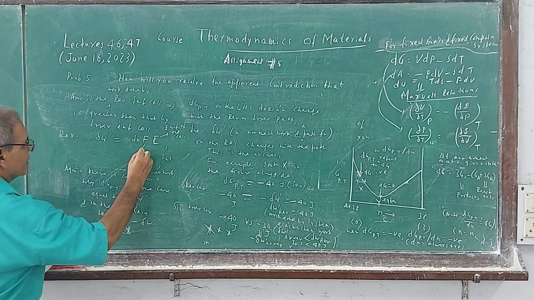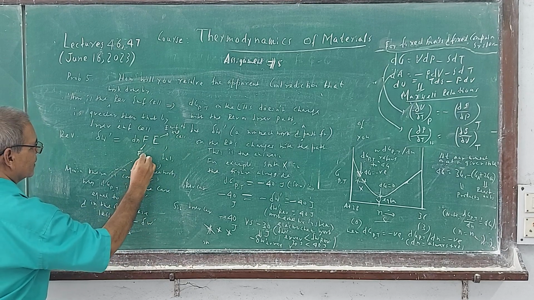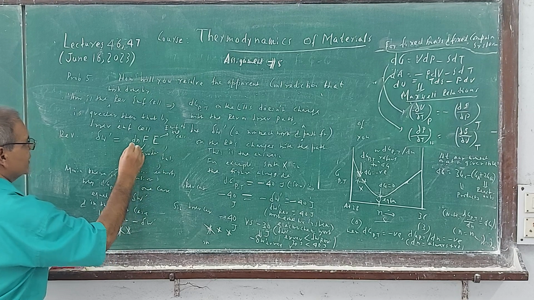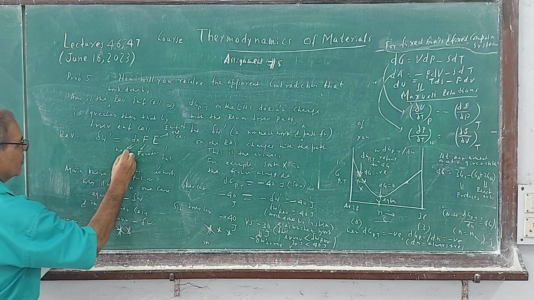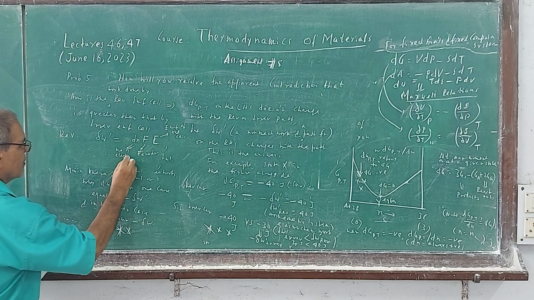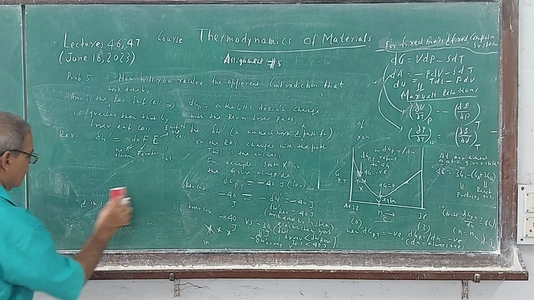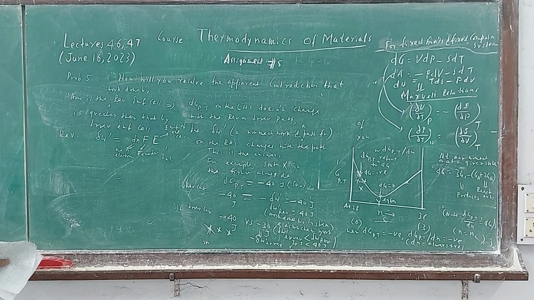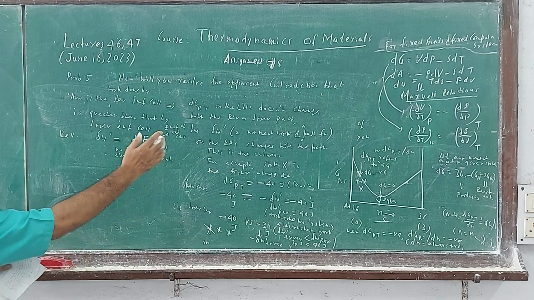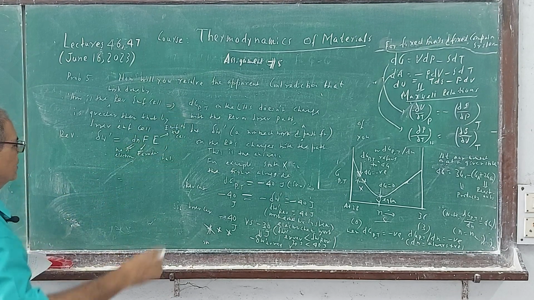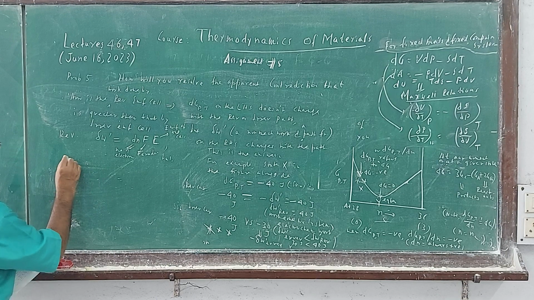F is the Faraday constant, and dn is the number of electrons. This is the reversible electrochemical work for an infinitesimal change. So you should always be able to convert an infinitesimal change into a finite change in all problems.